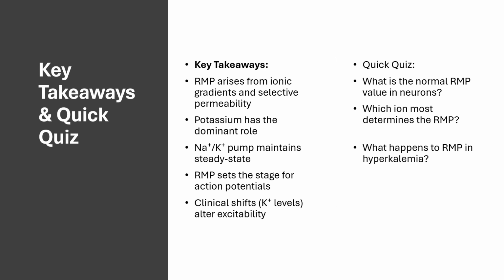Three, the sodium potassium ATPase pump continuously maintains the ion gradients, keeping the cell in a steady electrical state. Four, the resting membrane potential sets the stage for action potentials. It's the starting voltage that defines excitability.